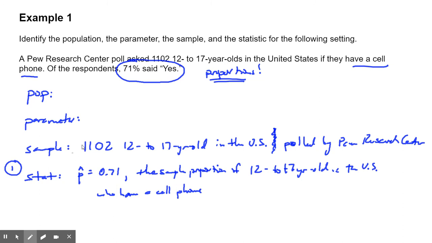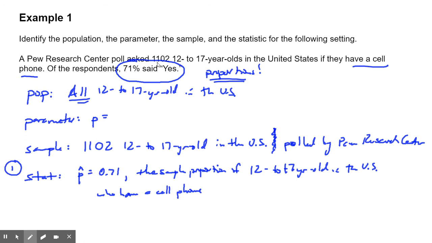Next, so now let's use these ideas to find the population. So if the sample is the 1,102 12 to 17-year-olds, then the population is all 12 to 17-year-olds in the US. Okay, again, they're not the polled ones, they're just all. So again, remember that word all is very important when you talk about the population. And then the parameter, if the statistic is P hat, then the parameter is P, which equals the true proportion.